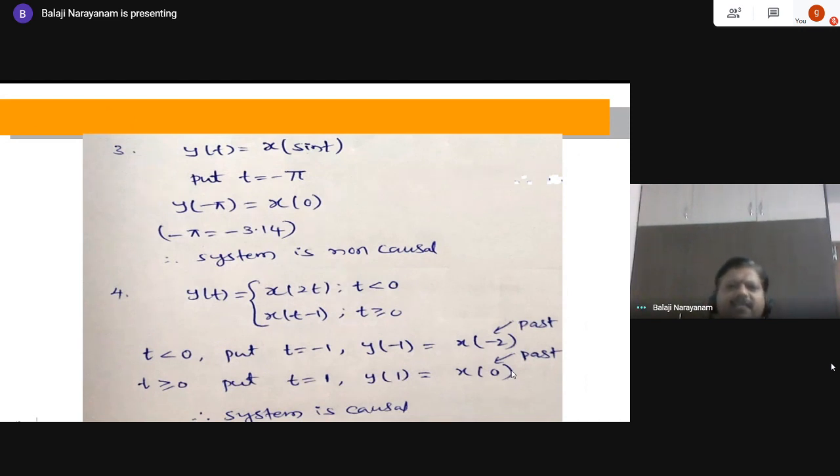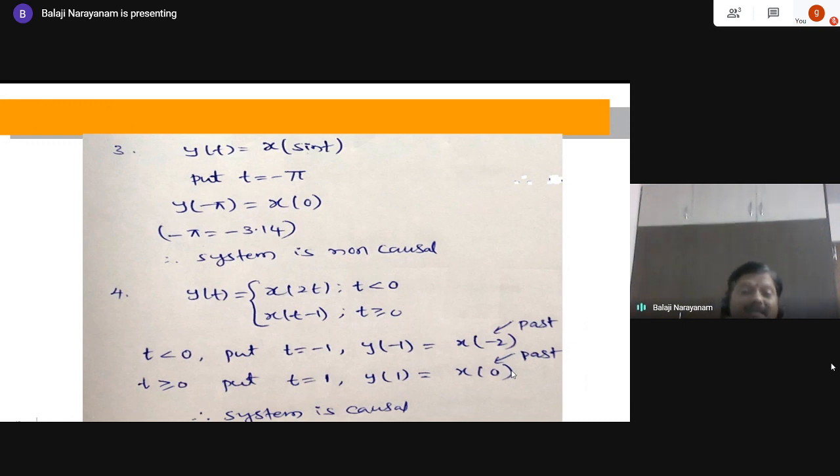Now take the case of the third problem, y of t is given as x of sine t. Now you may substitute the value of t as minus pi. What is to be substituted comes by practice. As it is a trigonometric function, generally what is to be checked for all trigonometric functions are the angle values for which we may have different values of the trigonometric function, like sine t.